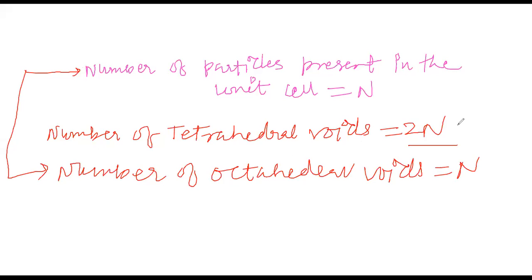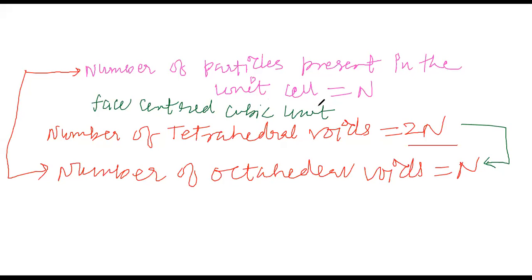Or we can say the number of tetrahedral voids is double the number of octahedral voids. So it should be very clear in your mind that if we have the face-centered cubic unit cell, it has 4 particles per unit cell.